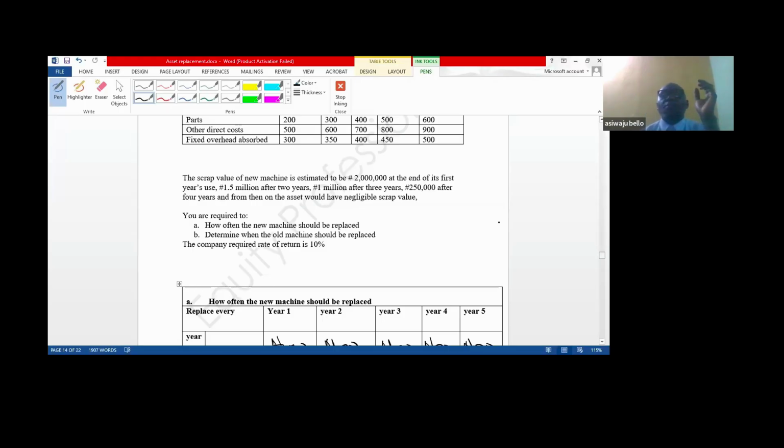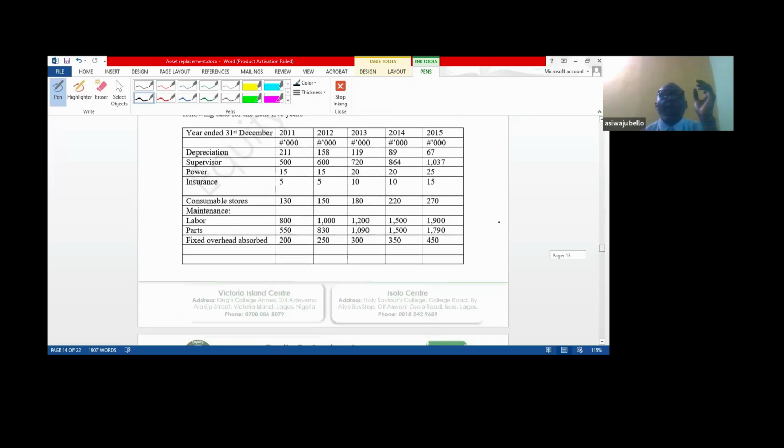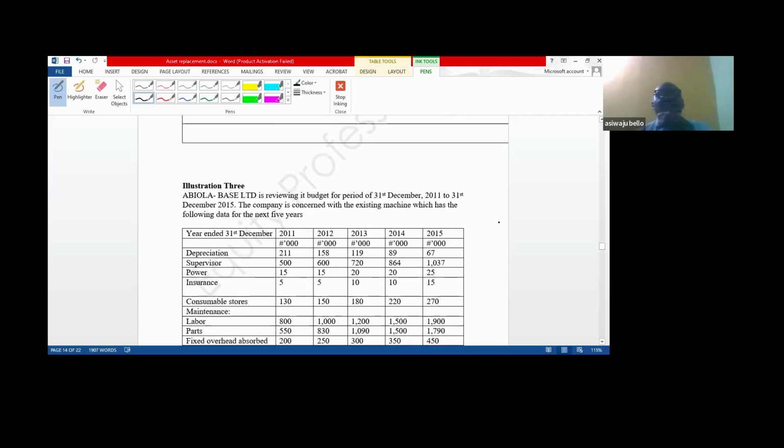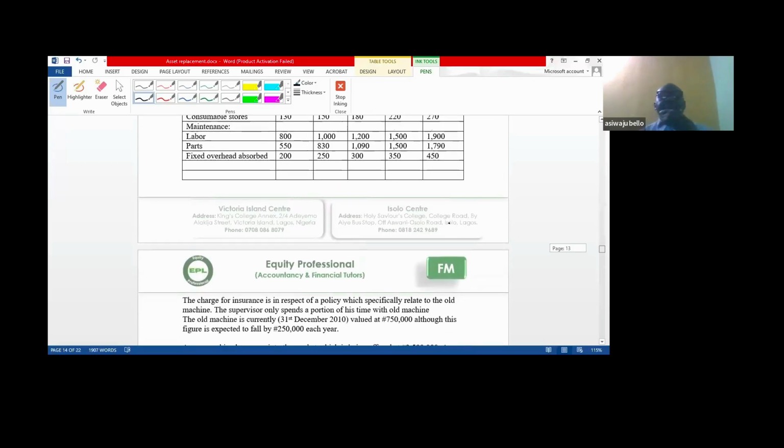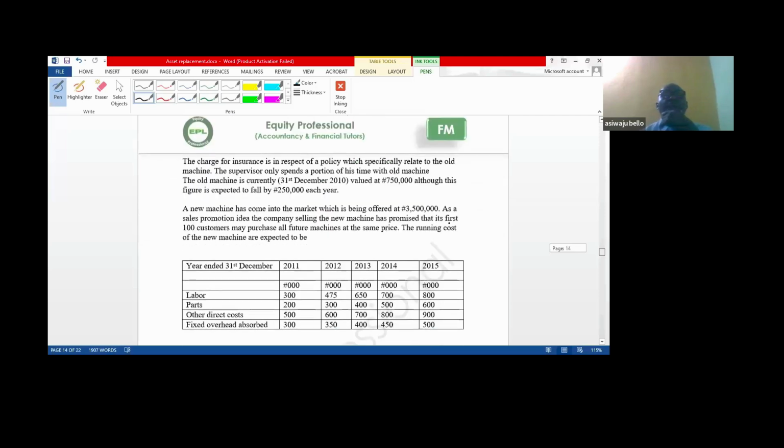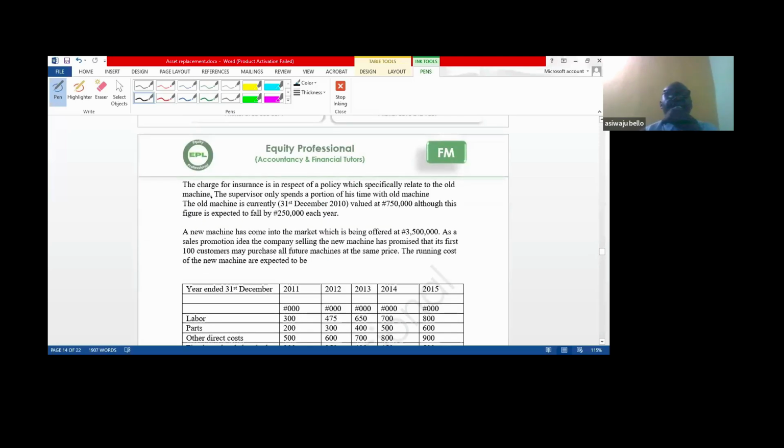Let's go back to the question. Abiola Base is reviewing its budget for the period 2021 to 2025. The company is concerned with the existing machine, which has the following data for the next 5 years. Look at the data. Examiner says the charge for insurance is in respect of a policy which specifically relates to the old machine.